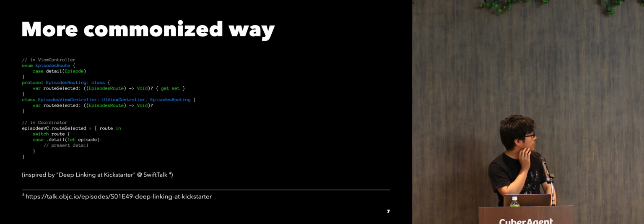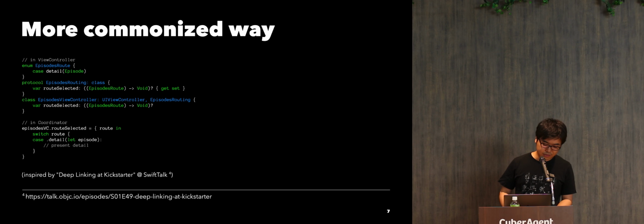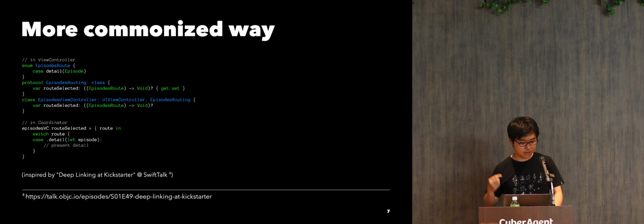And this pattern can be more formalized like this. In that example, the episodes view controller has a route to detail, so it can be declared as an enum, EpisodesRoute, with case detail with episode. The protocol EpisodesRouting has a closure that can be passed from outside, and the view controller conforms to that protocol. When the view controller wants to do a transition, it just executes that closure.